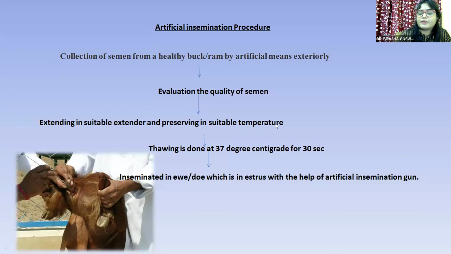Normally the temperature must be 5 degrees centigrade, not below 5 degrees centigrade, when we store it in the fridge. Then, when we do the insemination, thawing is done at 37 degrees for 30 seconds, and we inseminate the semen into the ewe or doe through the artificial insemination gun.